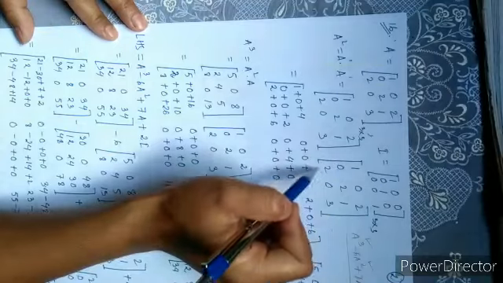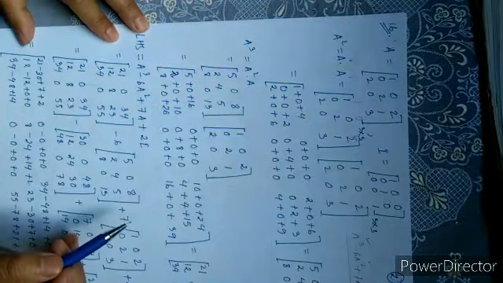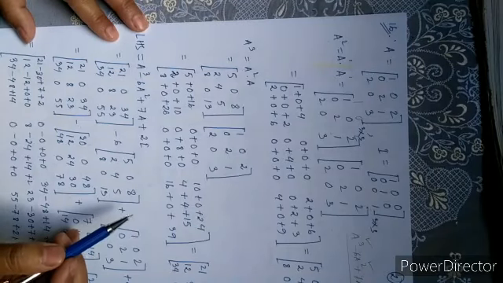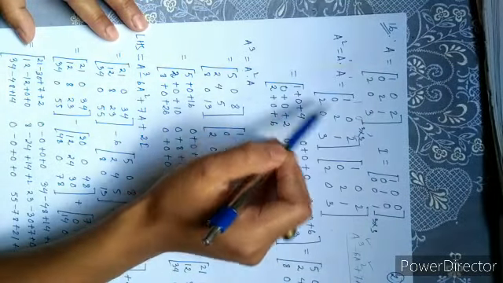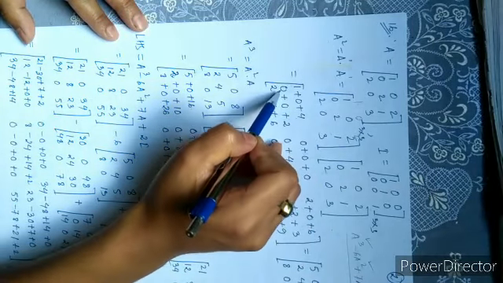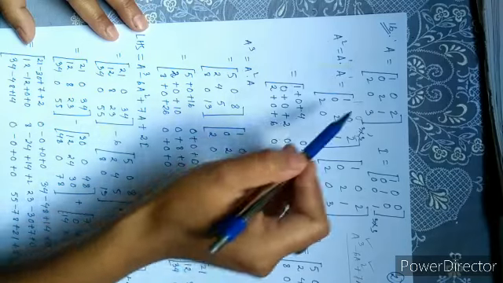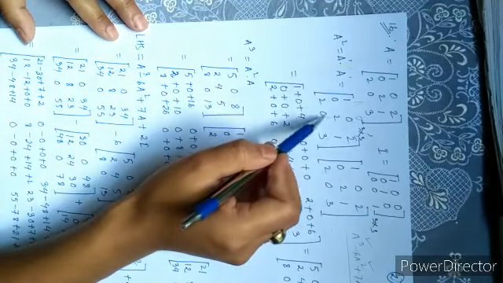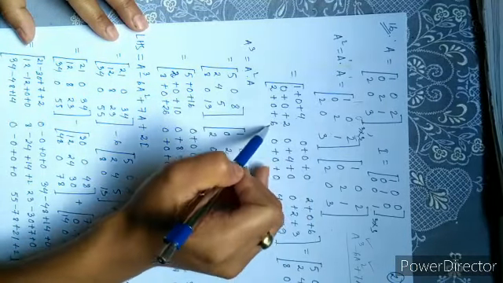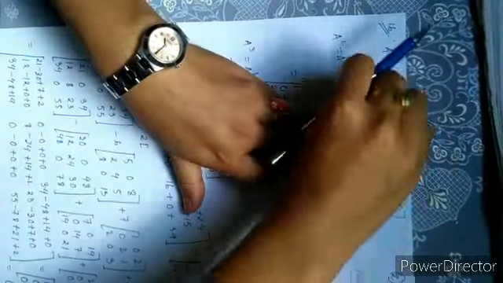Write the elements of row 1 as 1 0 2. Find the sum of products of corresponding elements. 1 into 1 is 1, 0 into 0 is 0, 2 into 2 is 4. 1 into 0 is 0, 0 into 2 is 0, 2 into 1 is plus 2. 1 into 2 is 2, 0 into 0 is 0, 2 into 3 is 6.